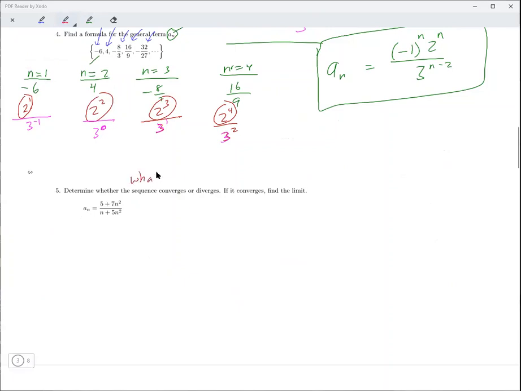In other words, what happens when n gets large? And for a lot of these, like here, we're looking at this limit right here.